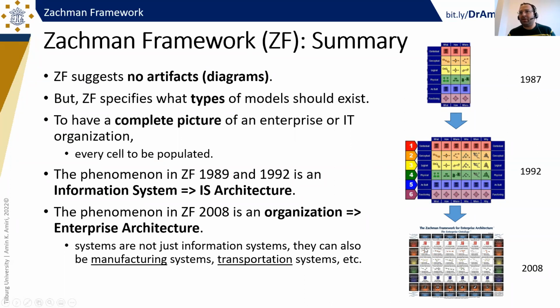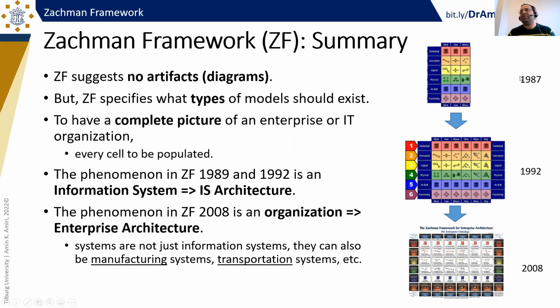Zachman says, I have a table here, I suggest this table. Over the years, these tables grew and changed. He suggests that you need to have at least one diagram for each cell in this table. Otherwise, you cannot completely describe an organization.